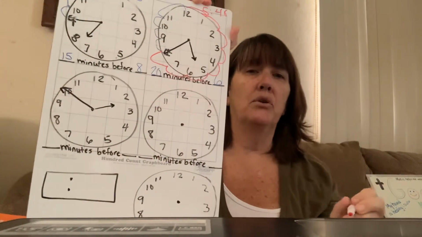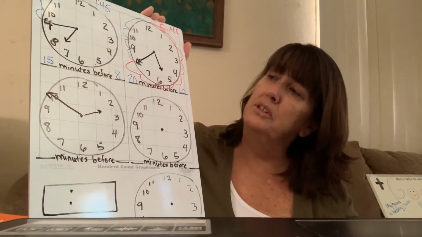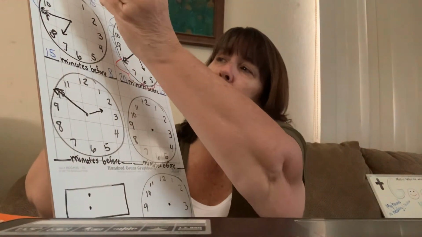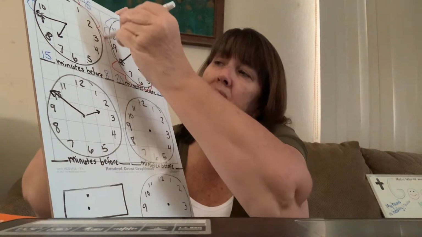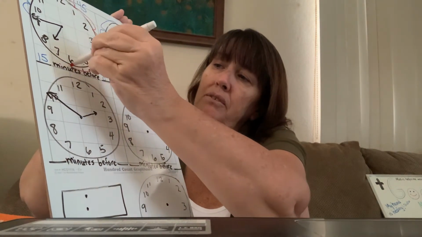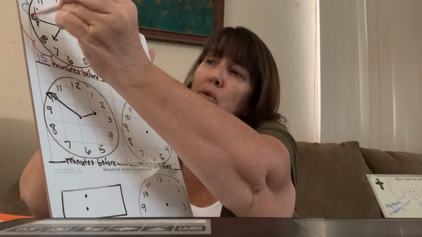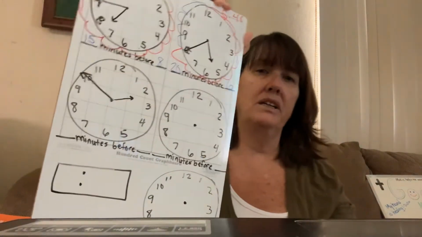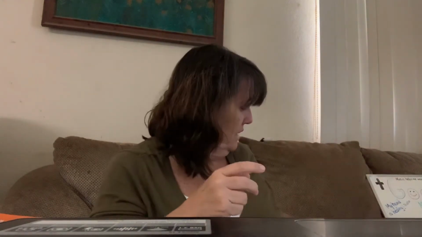So it is 5:40 or 20 minutes before 6. And on this one, it would be 5, 10, 15, 20, 25, 30, 35, 40, 45. And that's why it's 7:45. Okay, so you have to do both. You can use different colors if you want to. That's fine, like I'm doing.